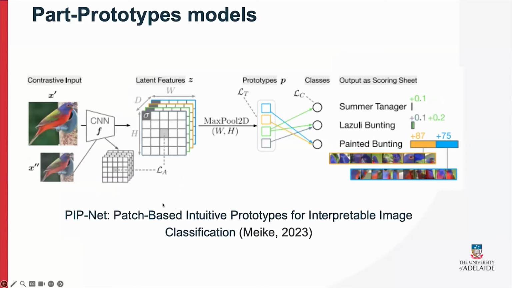One more part prototype work is PIPNet, where they leverage contrastive learning of different views of the input to learn the prototype. And they show that this way of learning will produce a prototype that aligns with human semantic concepts.